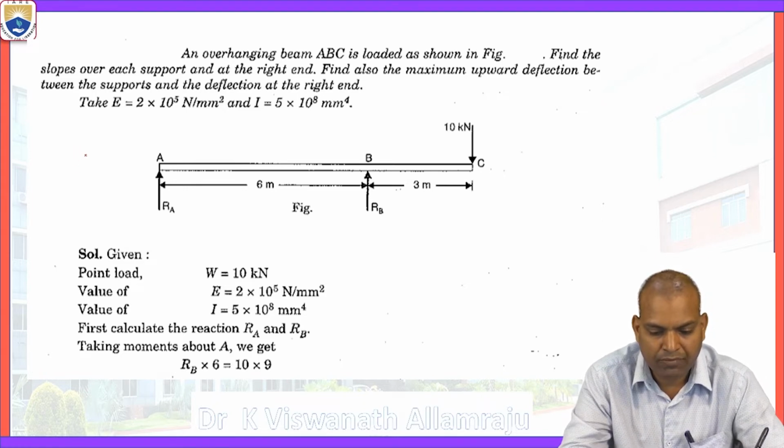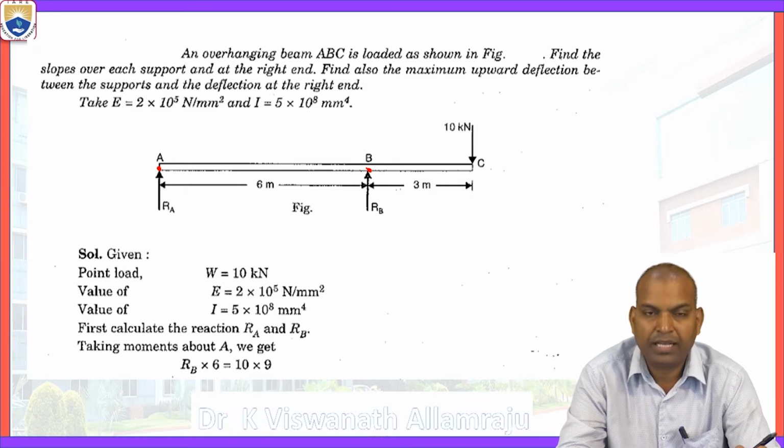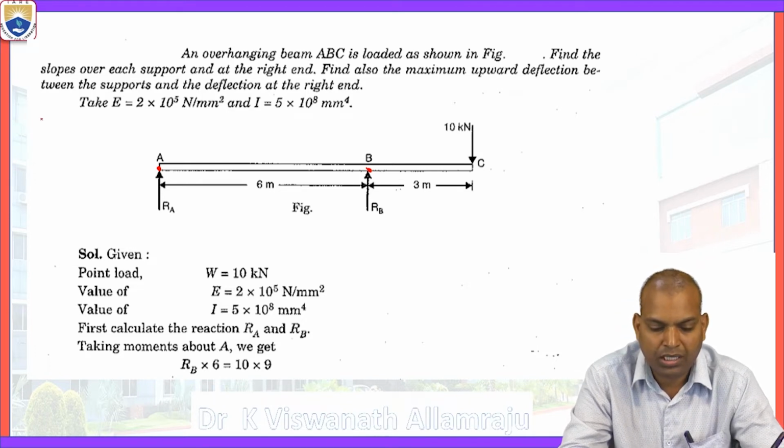Here an overhanging beam ABC is loaded as shown in the figure. Find the slopes over each support and at the right end. Find also the maximum upward deflection between supports and the deflection at the right end.